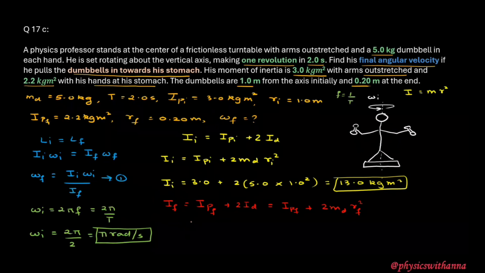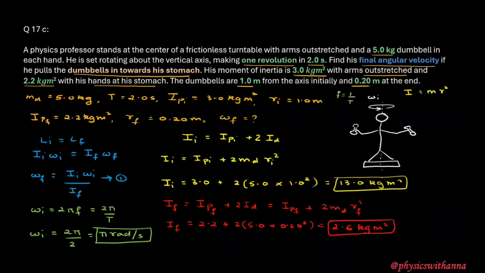Now substitute. Ip final is 2.2 plus 2 times mass of dumbbell, which is 5, times their final position, 0.2 squared. That gives me I final equal to 2.6 kg meter squared.